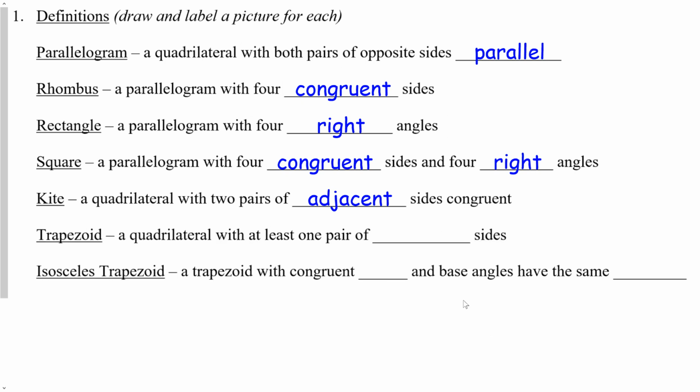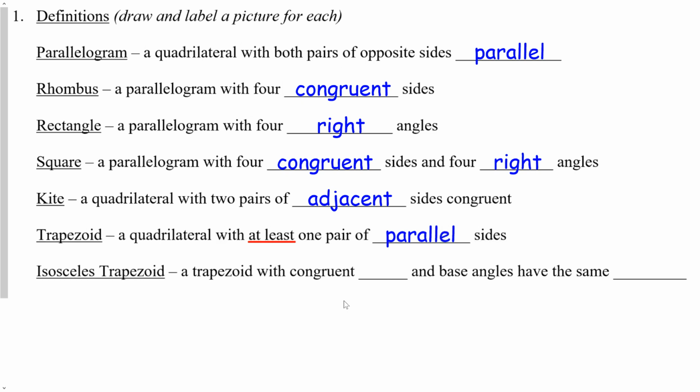We have trapezoid, which is a quadrilateral that has at least one pair of parallel sides. Now, this definition is a little bit different than what you may have heard in the past. This is called the inclusive definition. The fact that it has at least one pair of parallel sides is a little different than what most students have heard in the past, which is that a trapezoid has only one pair of parallel sides.